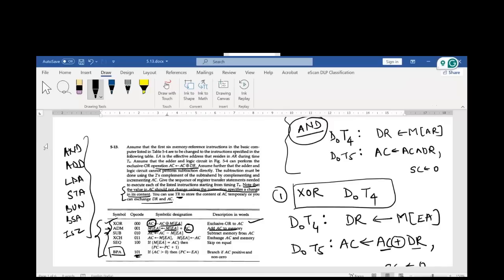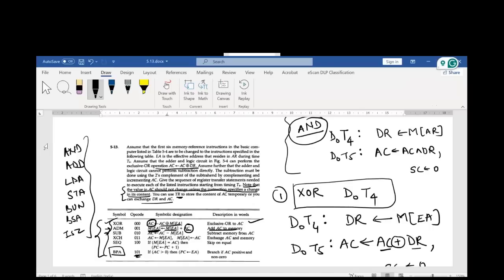So similarly, you may be given any specific instructions. All you need to do is keep the figure of the common bus fit in your mind. You should know from which register you can transfer to another register simultaneously, or when it should take a different clock pulse. If that picture of the common bus is fit in your mind, you can write the register transfer statements in your own way.